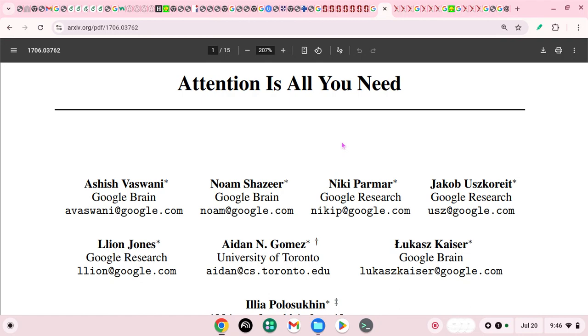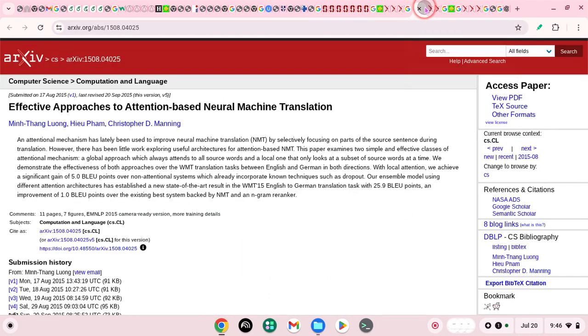To understand this transformer neural network architecture, we need to understand the attention mechanism. This attention mechanism is understood through a paper called Effective Approaches to Attention-Based Neural Machine Translation.